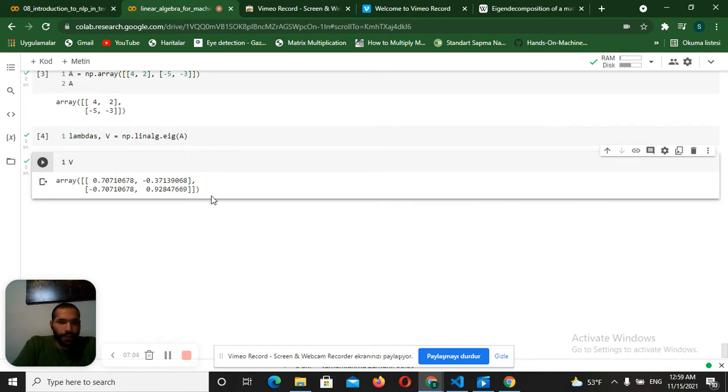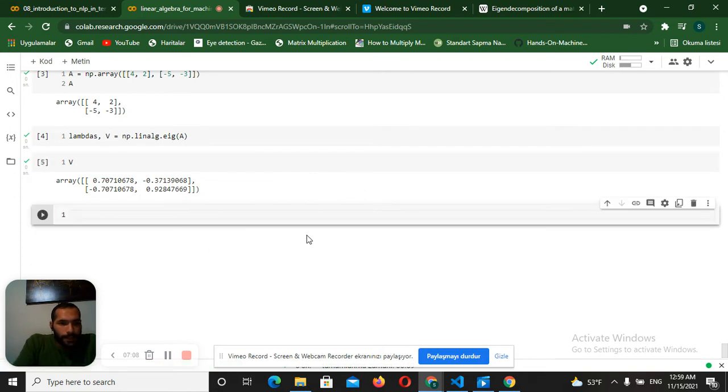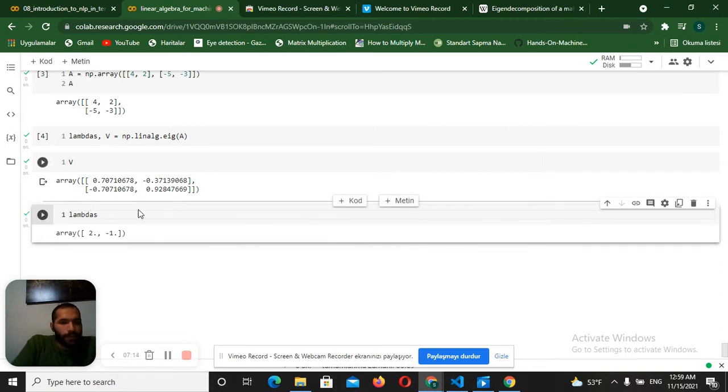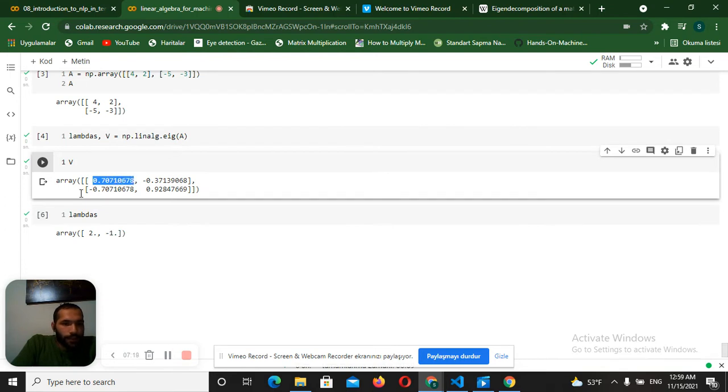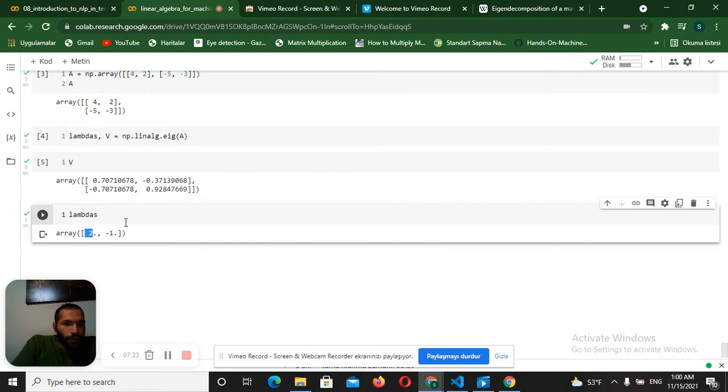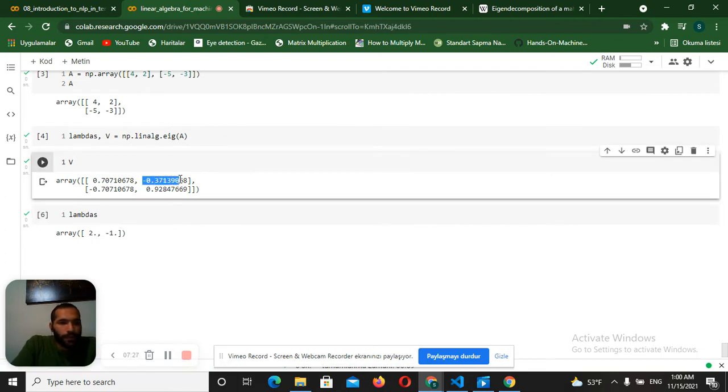Maybe I can show it very easily like this. Lambdas, right? I just want to show you this 0 times something like that, this and this equals 2, so it's matching with 2. And this 0 something like that, and so on.